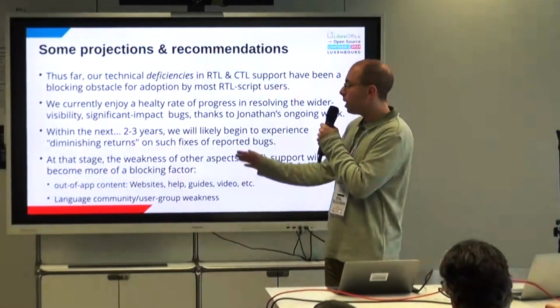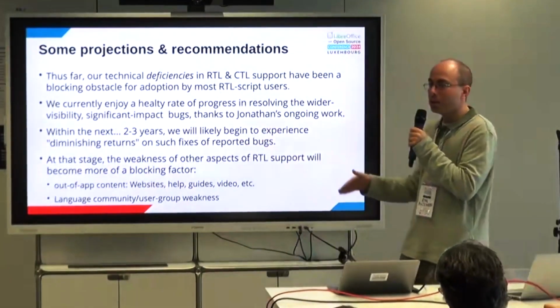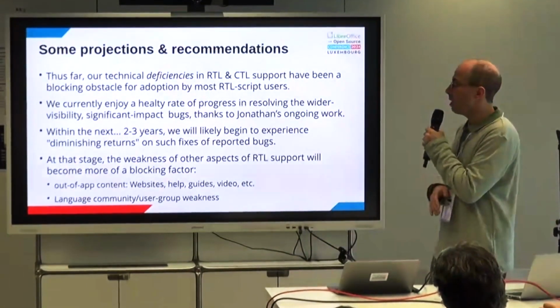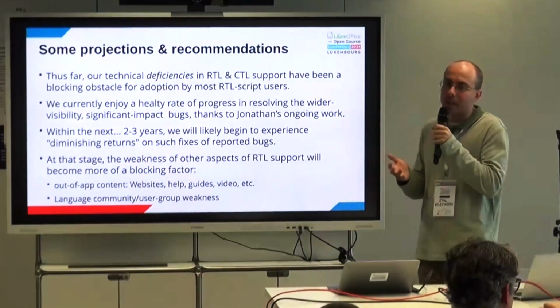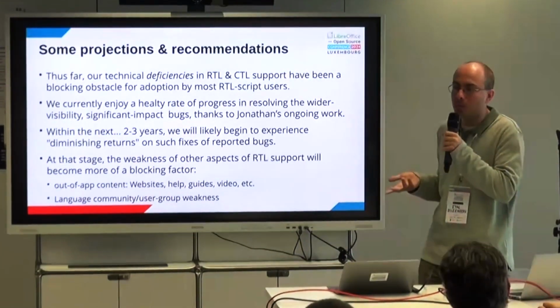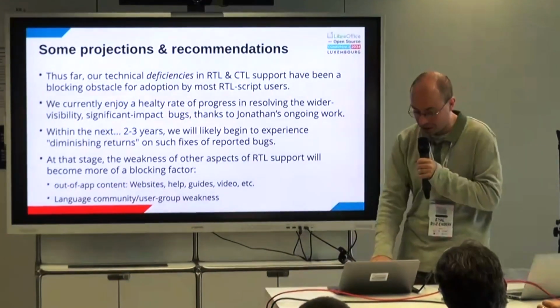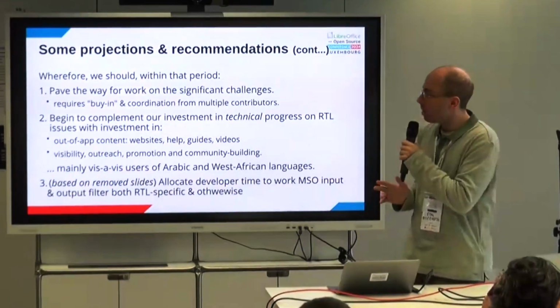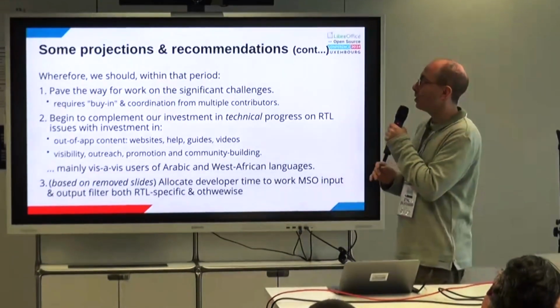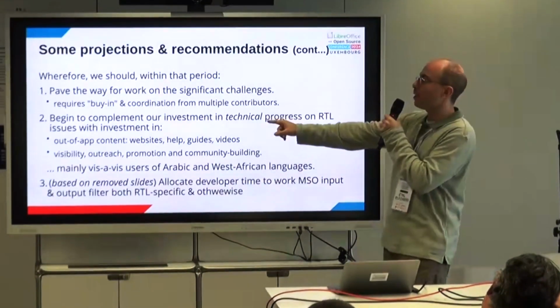So I mentioned websites, help, guides, video, user communities, etc. For now you could say, okay, that's also too bad that we don't have, but we can focus on the technical aspects. And so my recommendations are, well, the second one first.